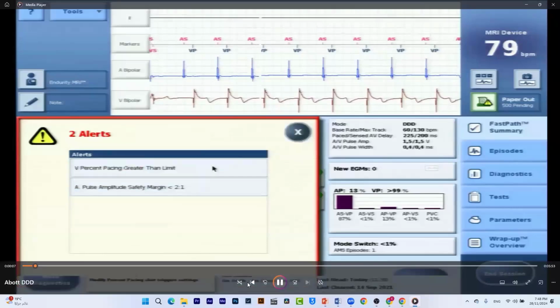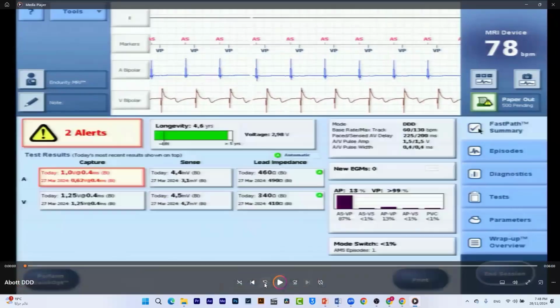Okay, so here, this is a real life case from Prof. Mervat's clinic. Dual chamber pacemaker, this programmer interface. Atrium capture threshold is 1 volt at 0.4 today. Before it was 0.625 at 0.4 on 27 of March. Ventricle threshold 1.25 at 0.4, before also the same.